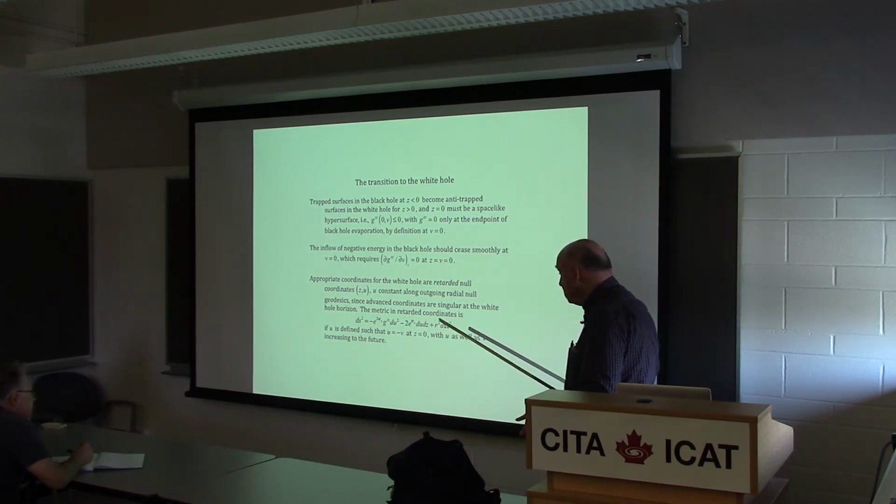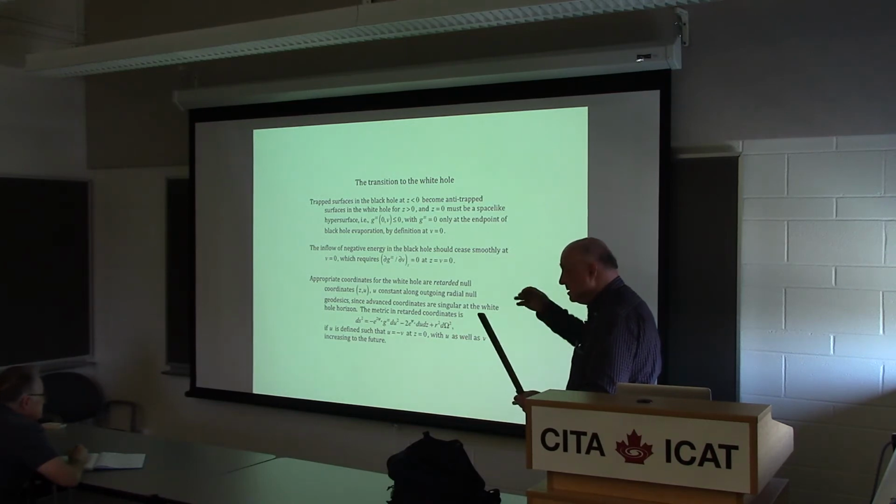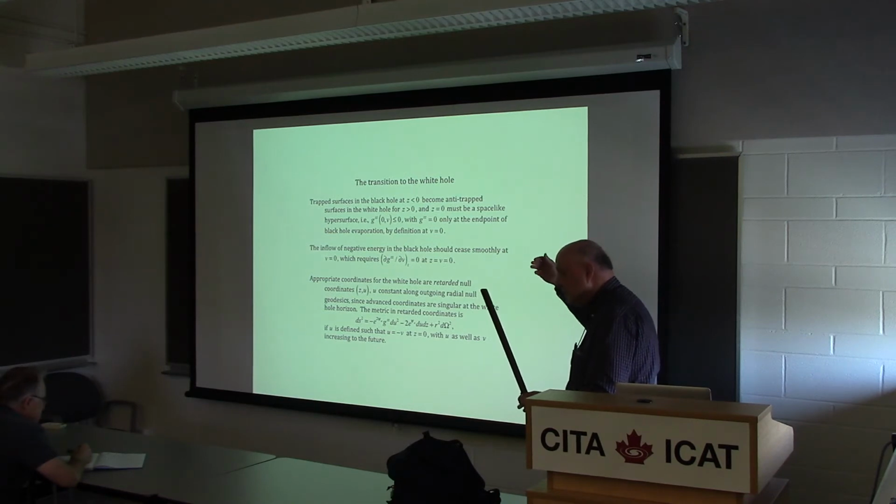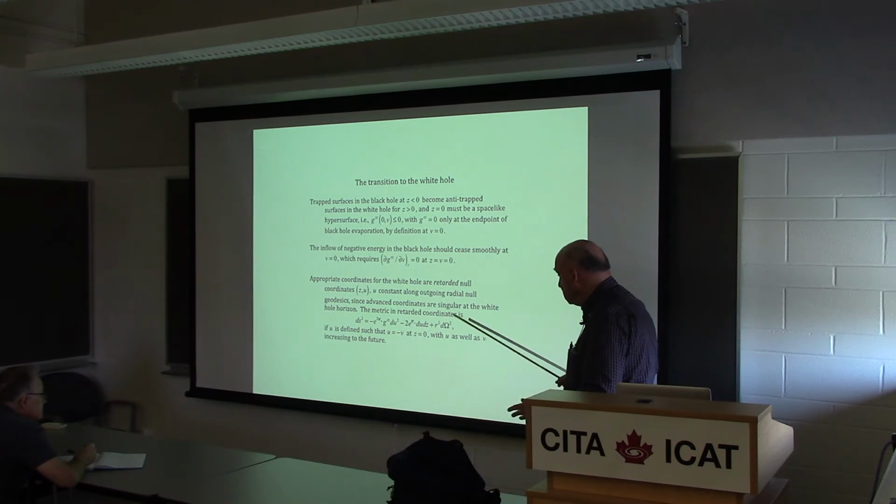Again, we've assumed that V represents some sort of advanced time measured at past null infinity. But I'm now going to define U so that U is equal to minus V at Z equals 0.